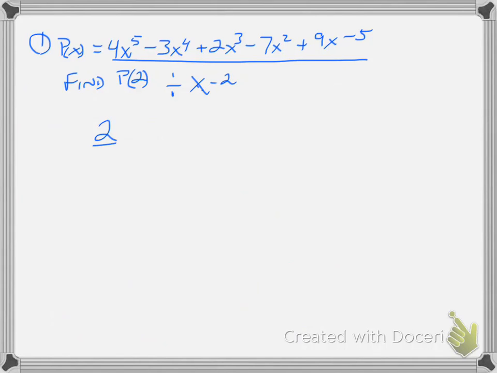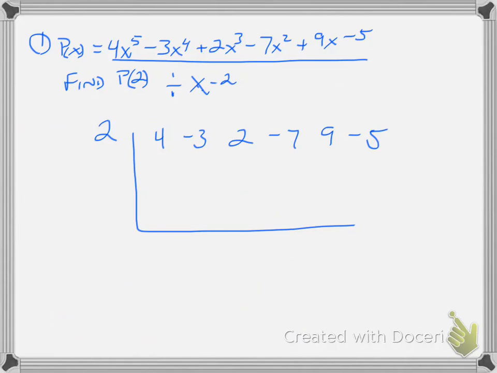And notice that this is the same as this one, because what you put in that spot for synthetic division is the x value. So I have 4, negative 3, 2, negative 7, 9, negative 5.